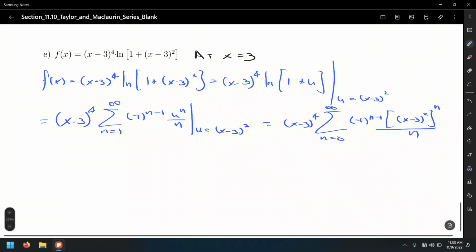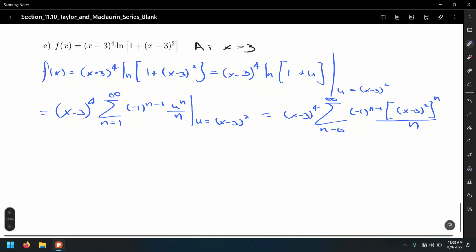Raise the power of another power, and also introduce this x minus 3, because this x minus 3 is also the same x minus 3. So that's negative 1 to the n minus 1, x minus 3 to the 4th power, times x minus 3 to the power of another power. Multiply the powers, and combine them into a single base, because they're the same base. Just do whatever operation is needed in the exponent.